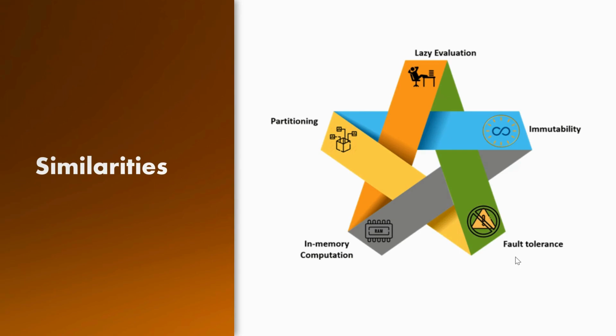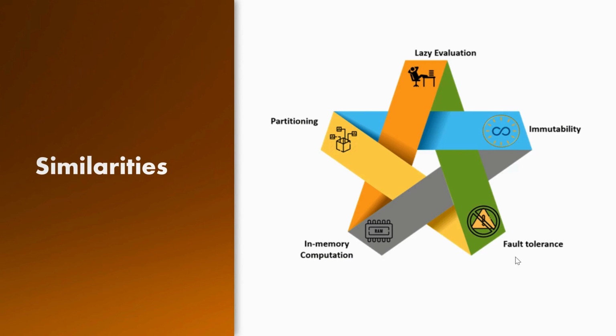Now, data frames, RDDs and data sets all use in-memory computation. They do not read the data from the disk or write the data back to disk. They do everything in memory computation. Because of that, it is 10x faster than other APIs. Now, we have partitioning.